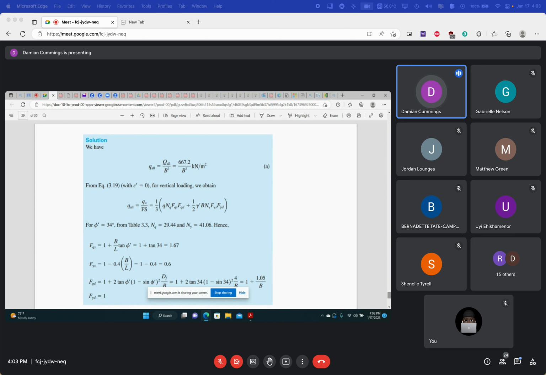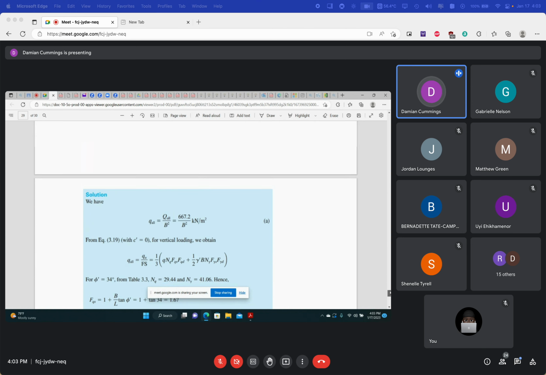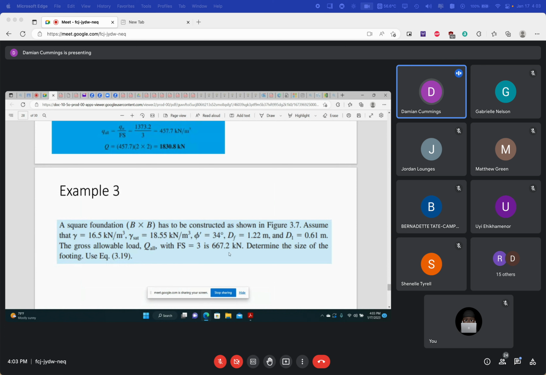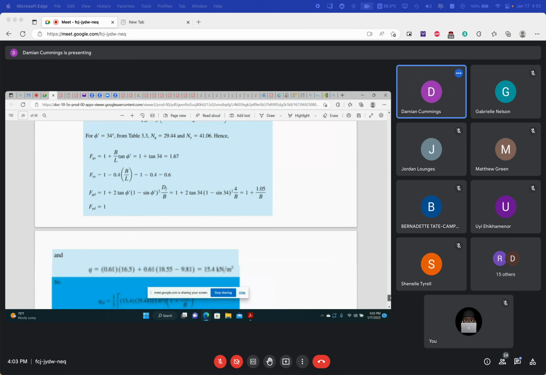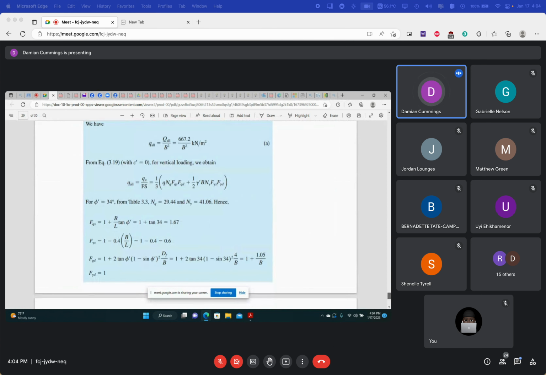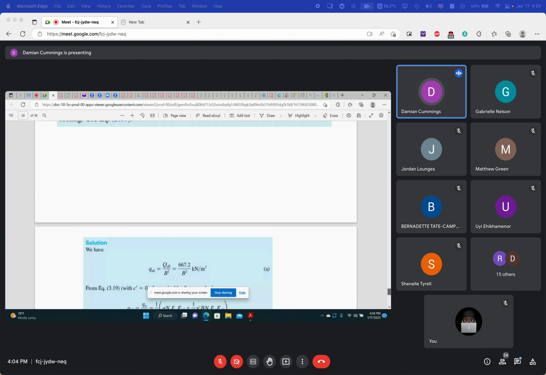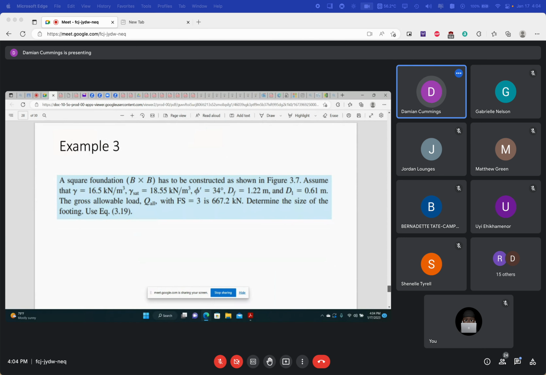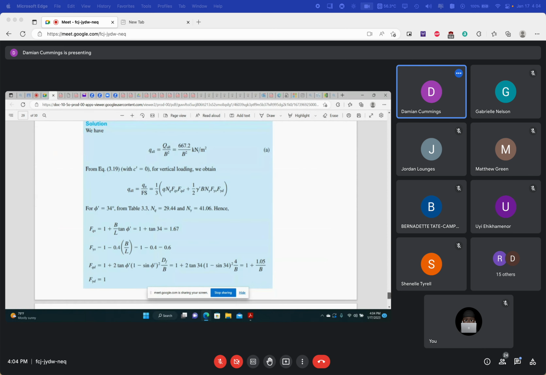Good. With cohesion equal to 0, for vertical loading, we obtain, so since our cohesion was given to be 0, it wasn't stated here, but take that as 0.